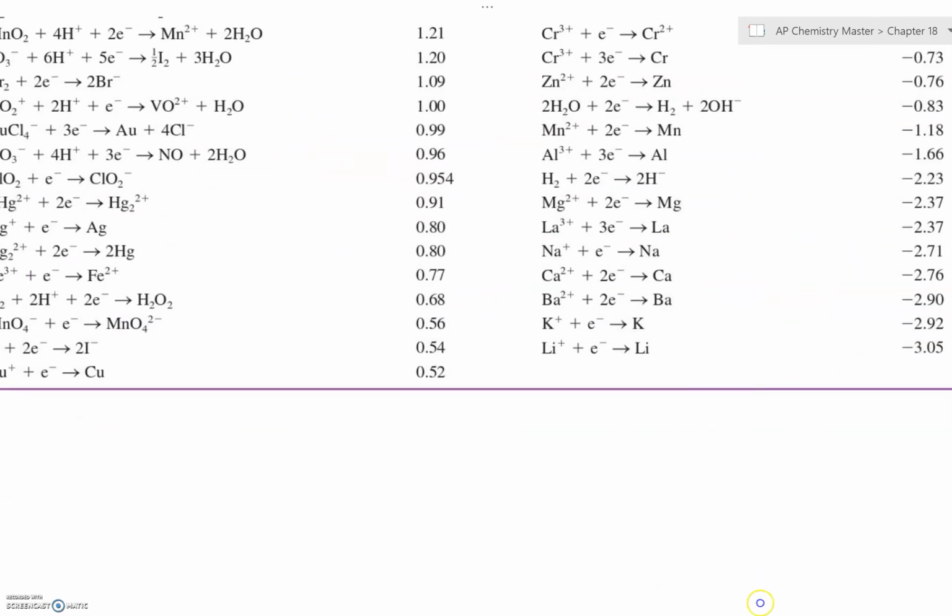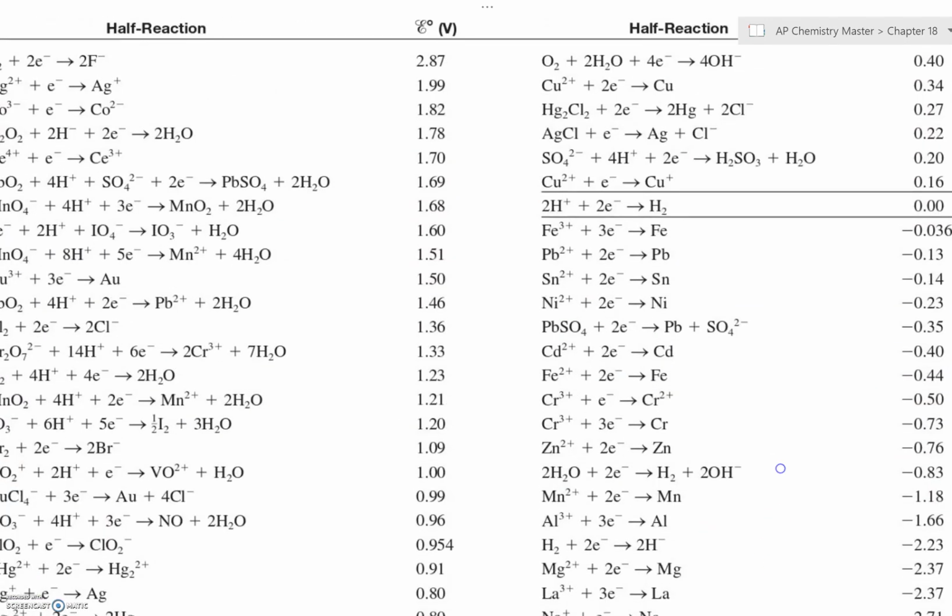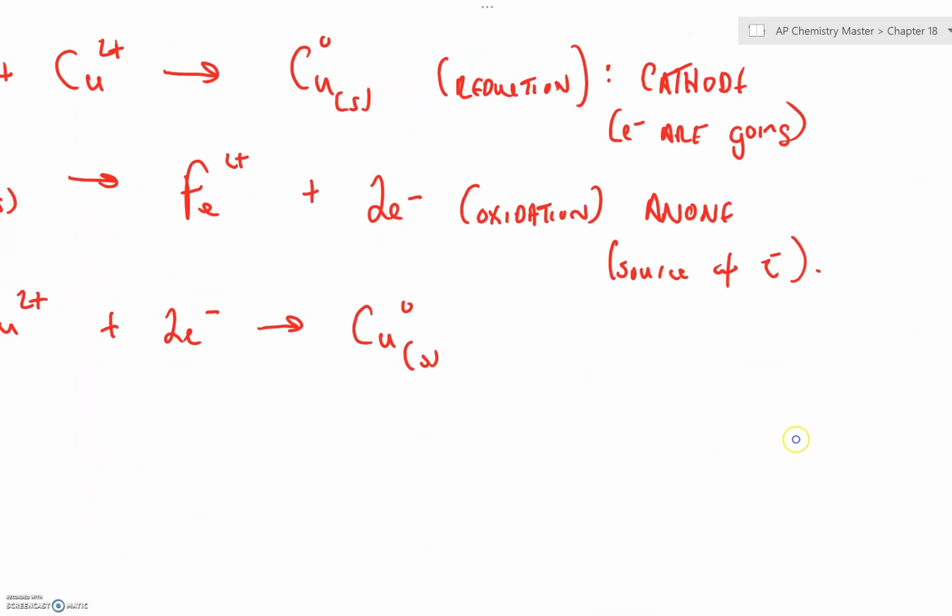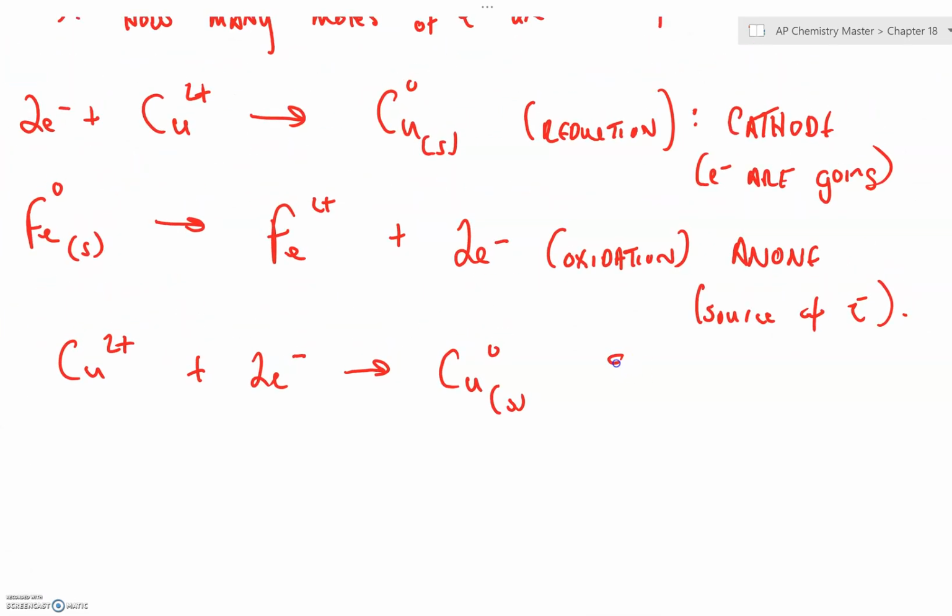We're going to find that here, and this one has a potential of 0.34 volts. So here, 0.34 volts, and this is the cathode.